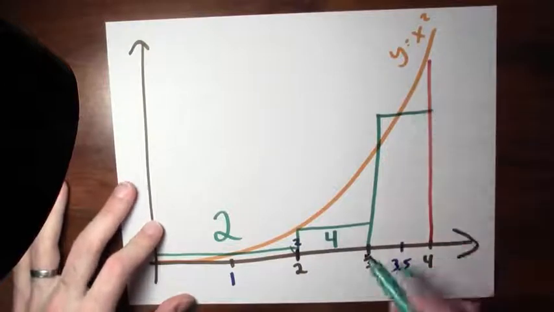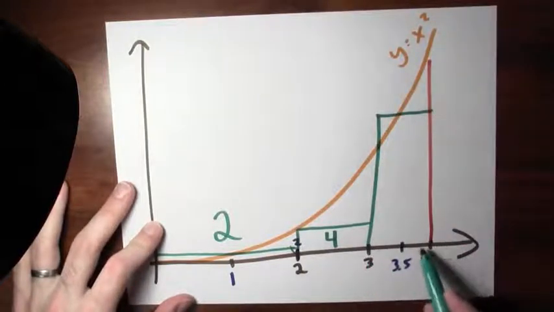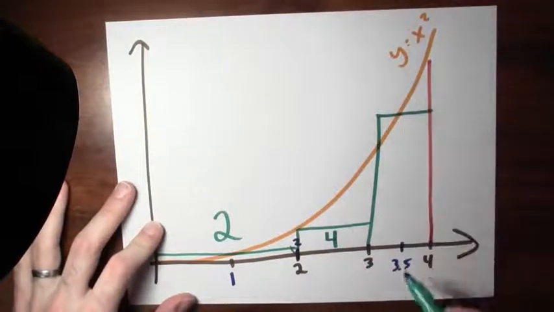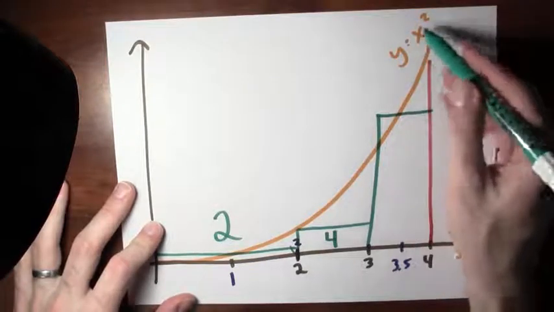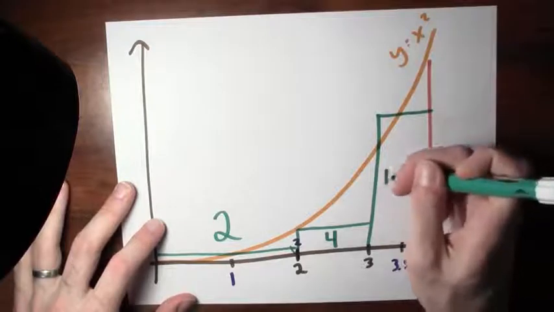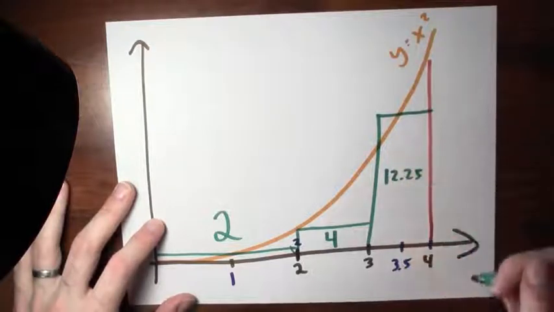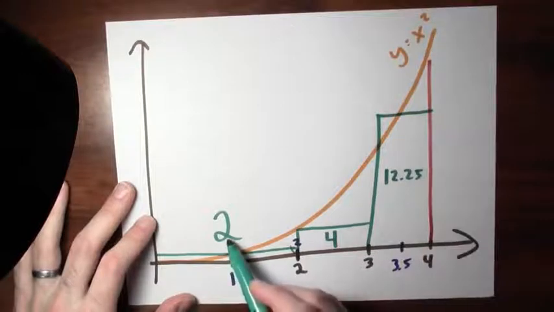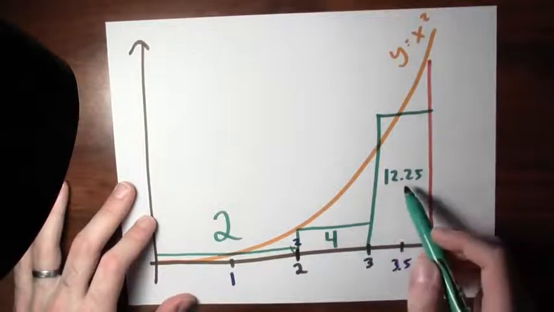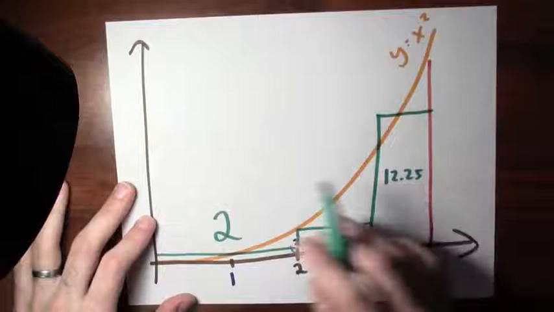This last rectangle, let's see, its width is 1, its height is, well, I sampled at 3.5, so the height of this thing is 3.5 squared, and 3.5 squared is 12.25. So I've got 3 rectangles. Rectangle of area 2, rectangle of area 4, rectangle of area 12.25.